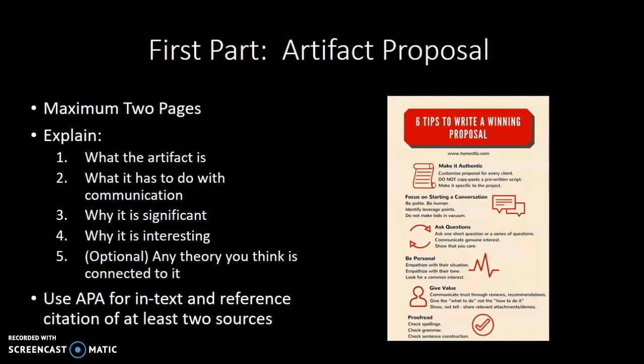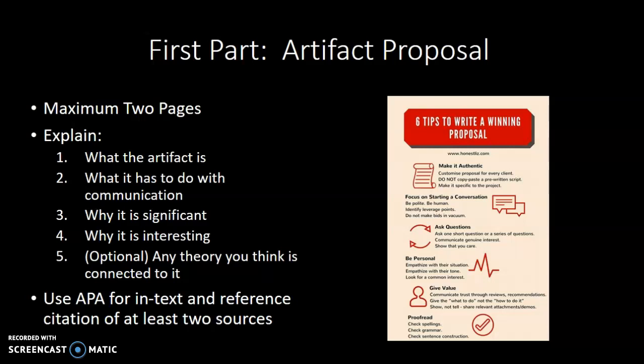It's more like a business proposal. You're proposing a particular topic be used for your paper. So this will be a maximum of 2 pages, and you need to explain what the artifact is, what it has to do with communication, why it's significant, why it's interesting, and as an option, any theory that you think might be connected to it. And if that makes you feel overwhelmed, just let that go.